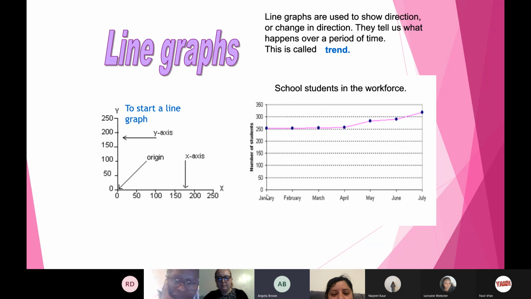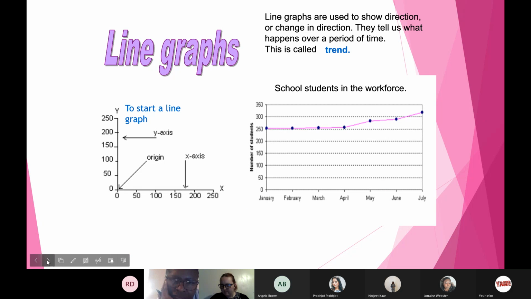Now you can actually put your January onto the 0 point there, or if you want to space it out, put it there: January, February, March, April, May, June. But you've got to be consistent, and that would be 0 there, 0 month. And here you can see that in January, 250 students were in the workforce.